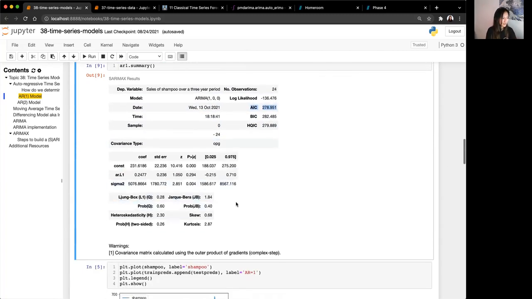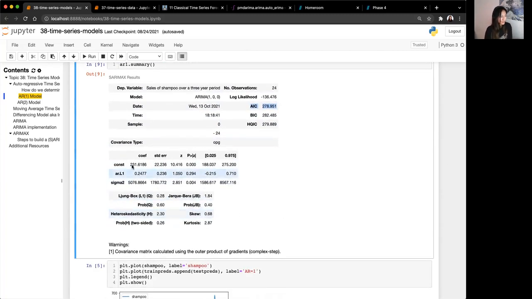Okay, so let's go down to this table over here. There's a constant, there is an AR term for lag 1, and then there's this sigma error. The sigma error you don't really have to worry about too much. But the main thing you want to look at is this coefficient over here, and is it significant or not?